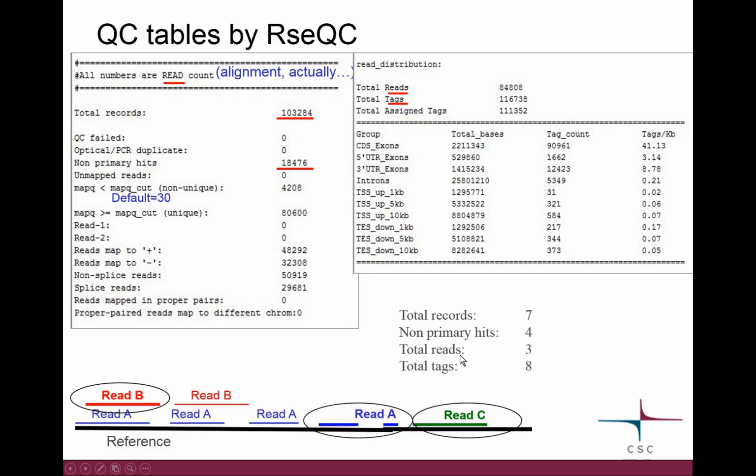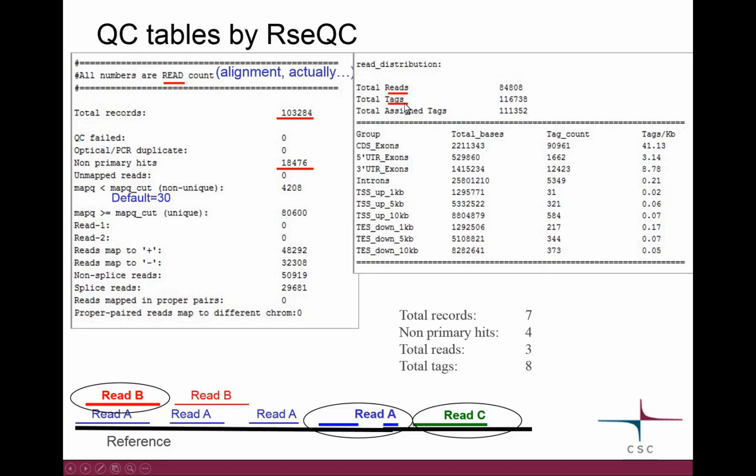So thus we have 4 non-primary hits, these 4 here, because they are the extra hits. The number of total reads, looking at this number here, is 3, because we have 3 different reads in the data. And then the last number is the total tags.